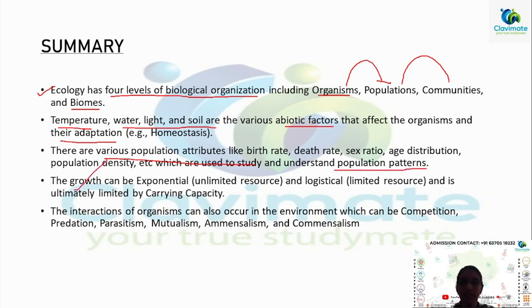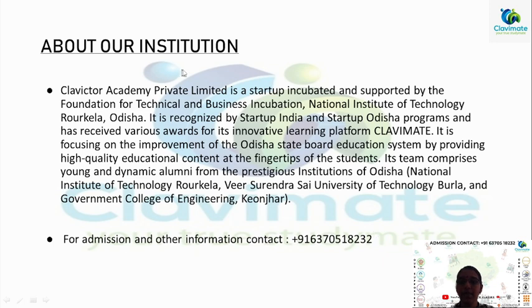Growth can be exponential or logistic, ultimately limited by carrying capacity, that is K. The interactions of organisms can be competition, predation, parasitism, mutualism and commensalism. What you can do is make a differentiation chart for all these so that you will be able to remember during the examination.